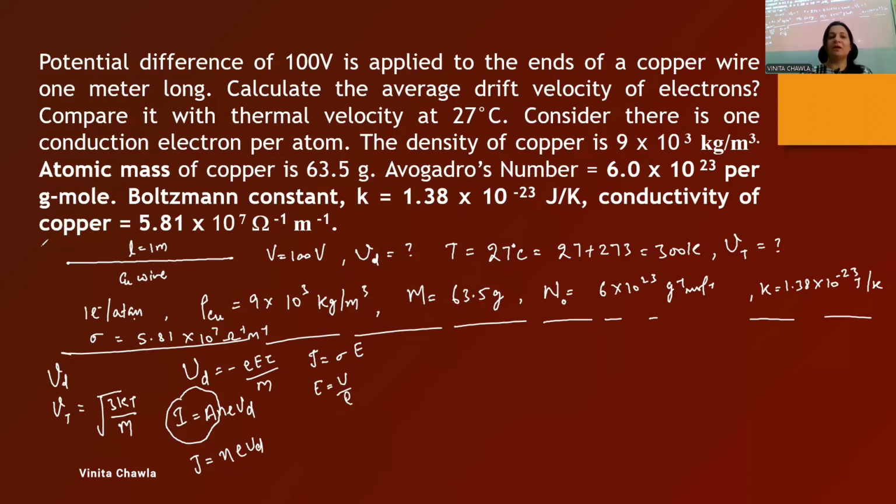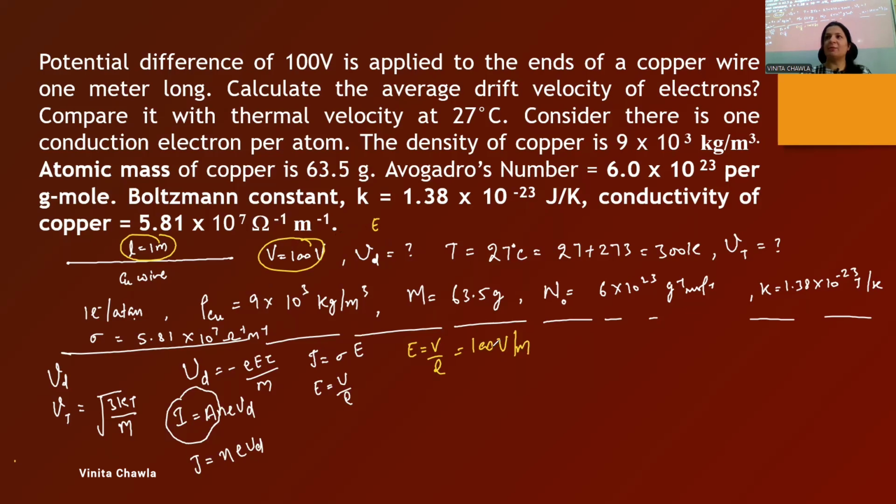Now see what all is given. Now we know all, we have written all the formulas that we can use here, right? So what is given? Length is given, voltage is given. So from these two we can find electric field intensity. Right? E is equal to V by L. What will you get? It's 100 volt per meter.